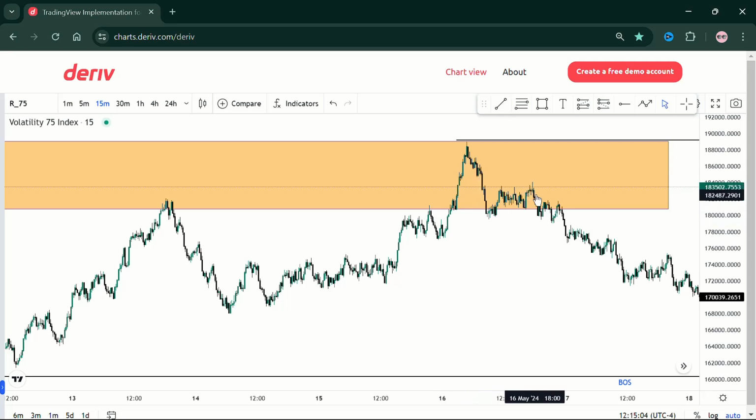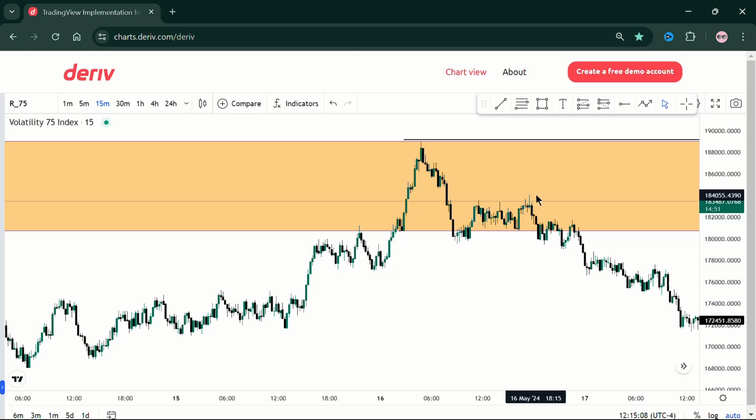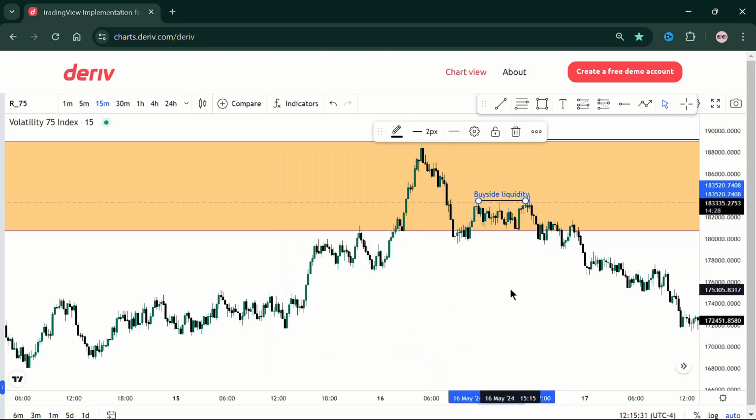I hope you can see. If you join my free Telegram channel, there are these things that I draw like this. Those things are not just there for decoration. This is something we call buy side liquidity. These things help me especially when I'm trying to see where the market wants to go.